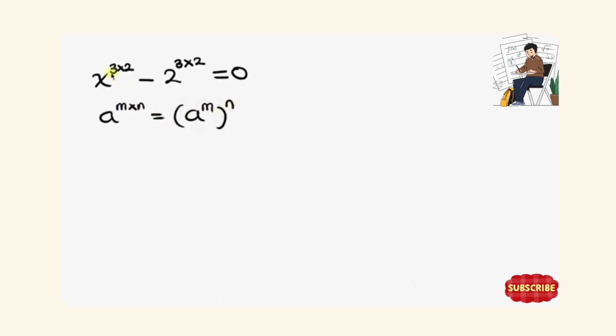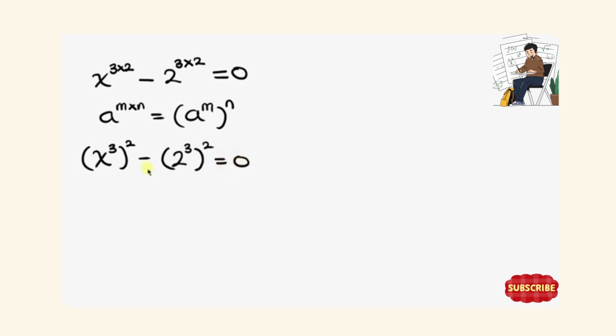So we're going to be writing this in this form. So this can be x to the 3 raised to the power of 2, minus 2 to the 3 raised to the power of 2, and this is equal to 0.